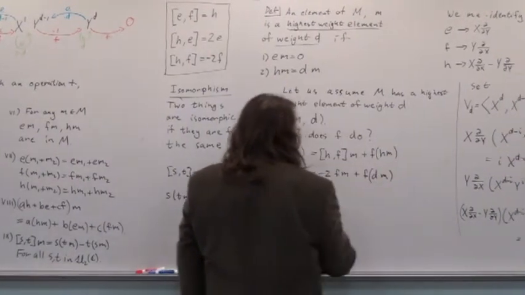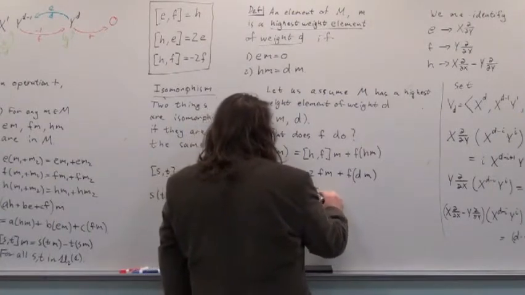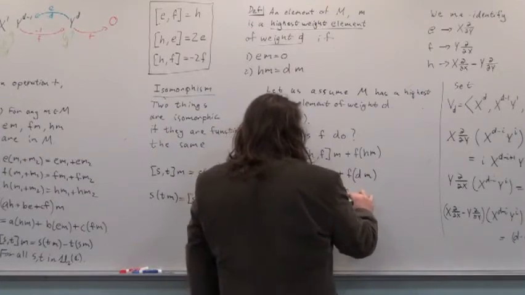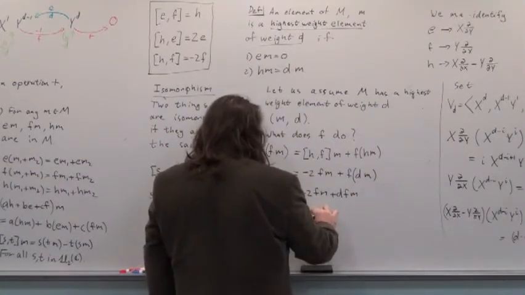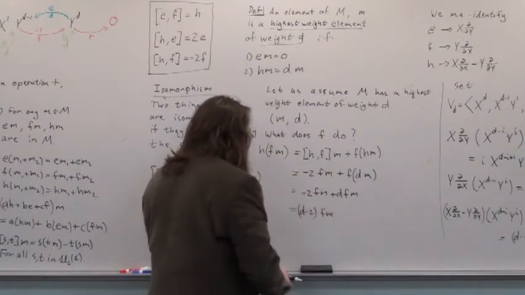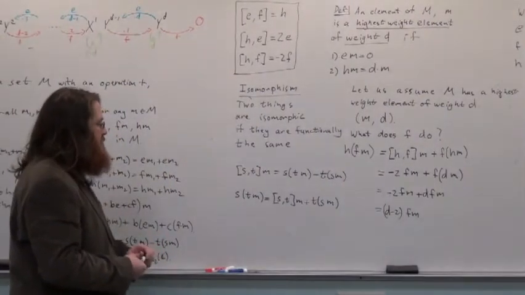But D is just a constant. It's from the complex numbers. So this is negative 2 F times M plus D times F on M. And we can rearrange this to D minus 2 times F of M. So what does this mean?